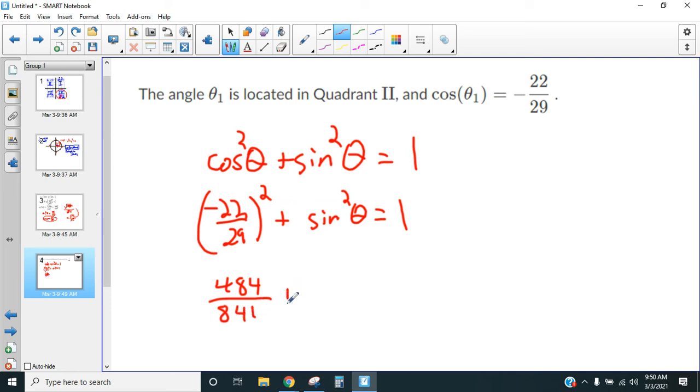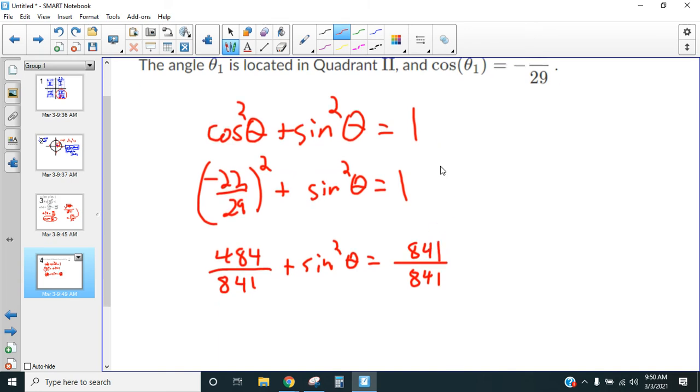841 plus sine squared. And remember our little step here, we're going to change 1 so that it looks like the other fraction, so that then we can subtract, right? Okay. So after all the explanation or whatever, these problems really aren't that long. They're really not. But if I just started into it, you're like, well, where did that come from? All right.